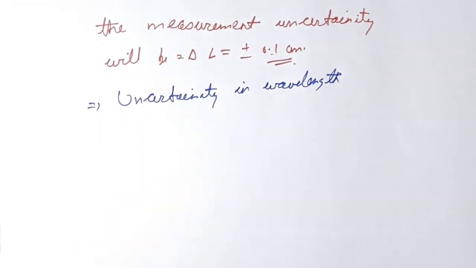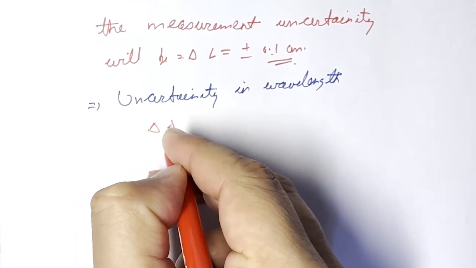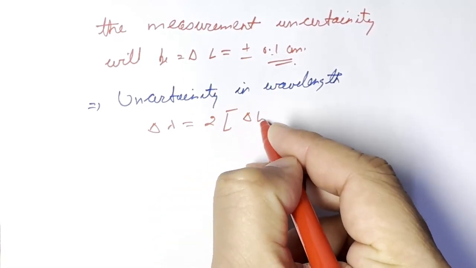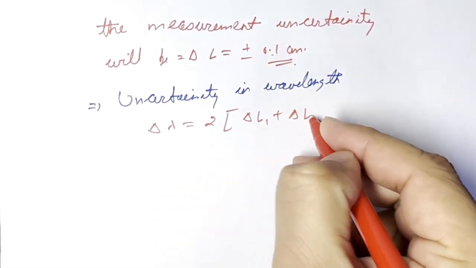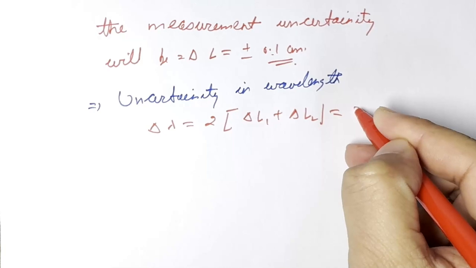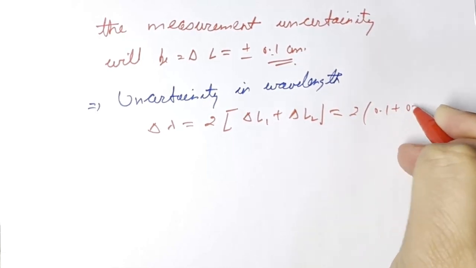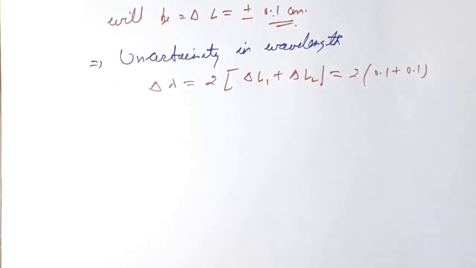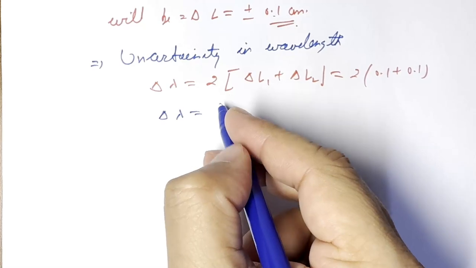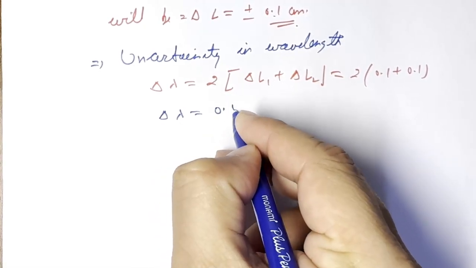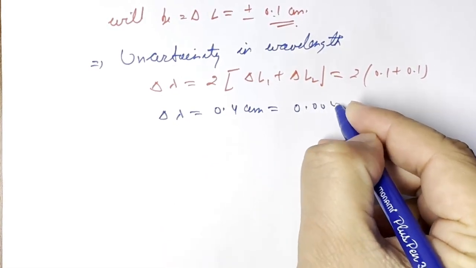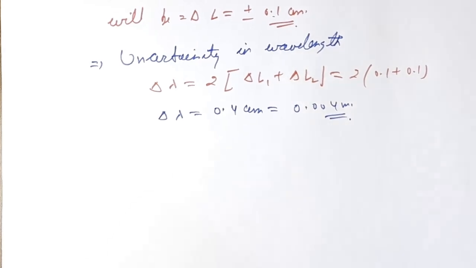Let us call that delta lambda, which will be equal to twice delta L1 plus delta L2, which is twice 0.1 plus 0.1, so delta lambda is equal to 0.4 centimeter, or we can write this as 0.004 meters.